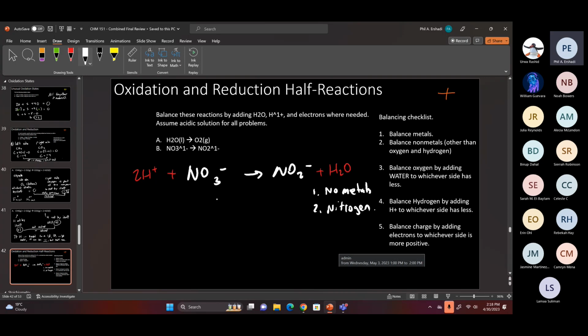And you've got to be careful with your math here. On the left, if we have 2H plus and 1 negative, together, what would my total charge be?